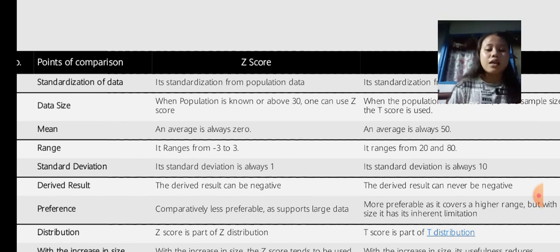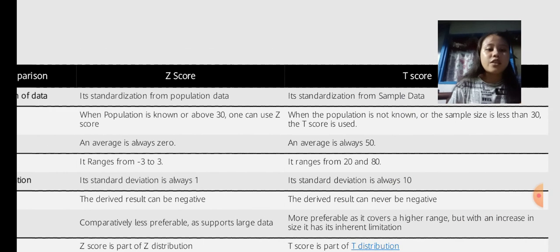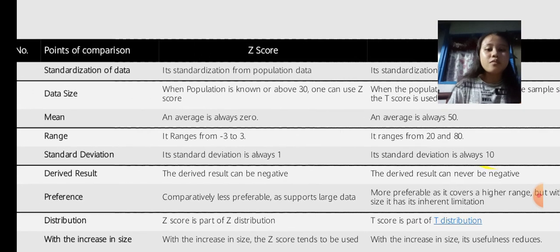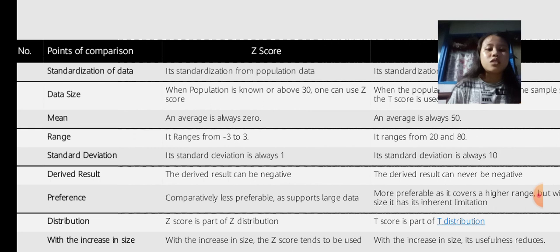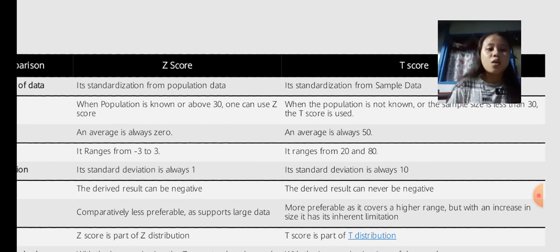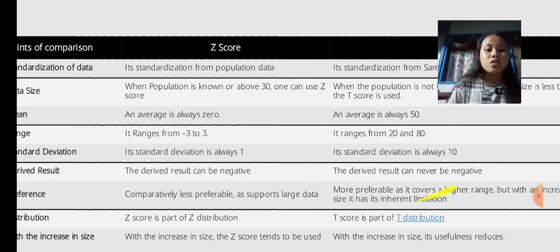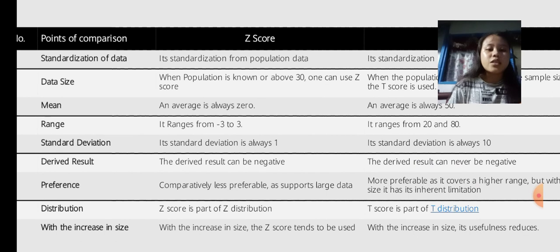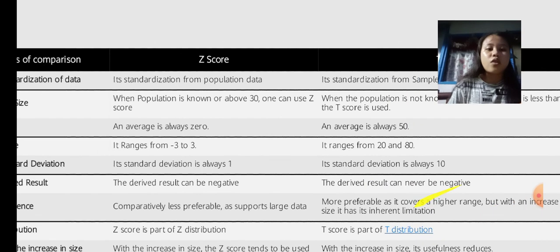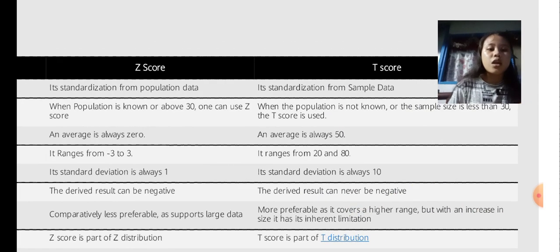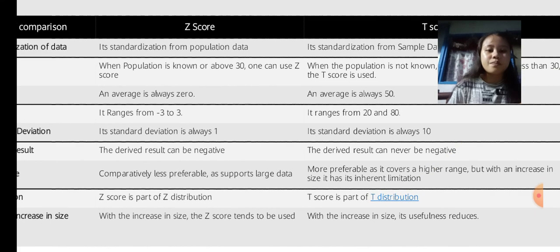The average is always 0 for the z-score, while the average is always 50 for the t-score. For ranges, the z-score ranges from -3 to +3, while the t-score ranges from 20 to 80. The standard deviation is always 1 for the z-score, while for the t-score it is always 10.